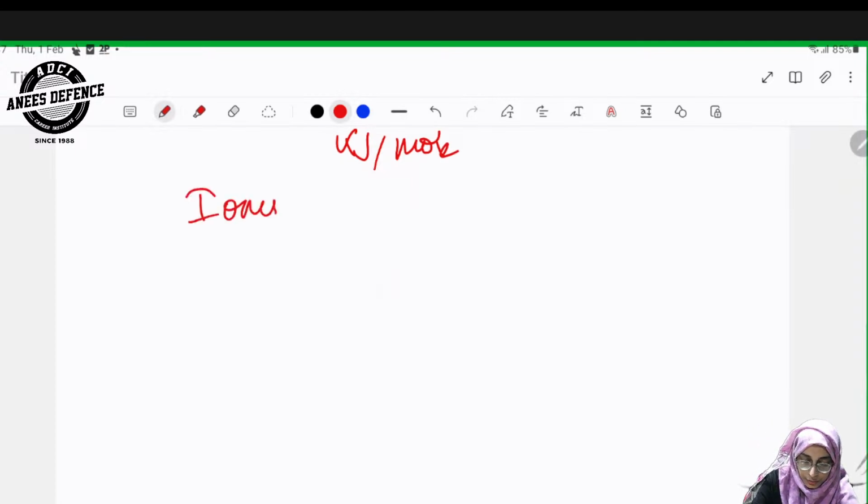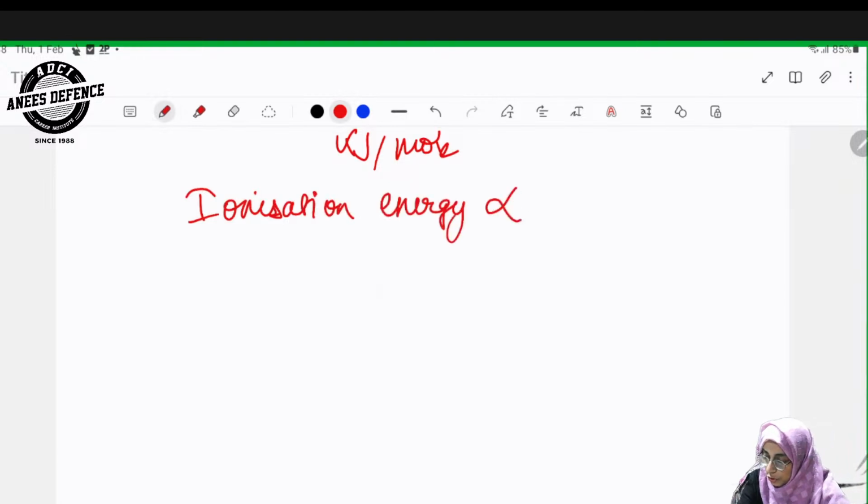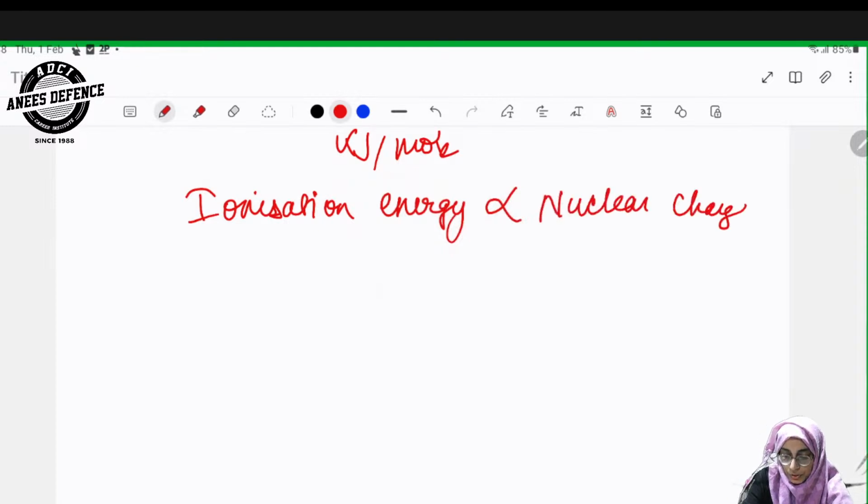Ionization energy is directly proportional to the nuclear charge. Right now we have seen that M2 plus is more than M plus, and M plus is more than simple M. So as the nuclear charge increases, ionization energy increases.